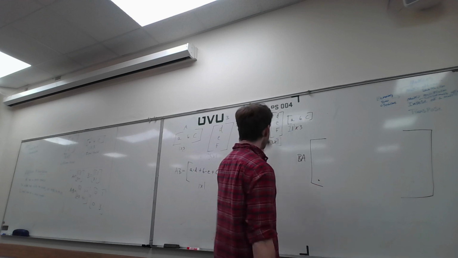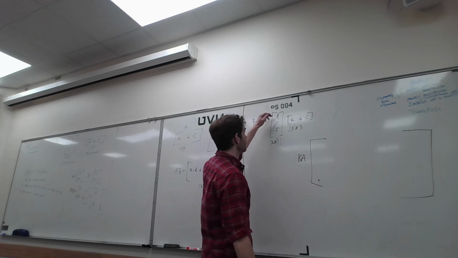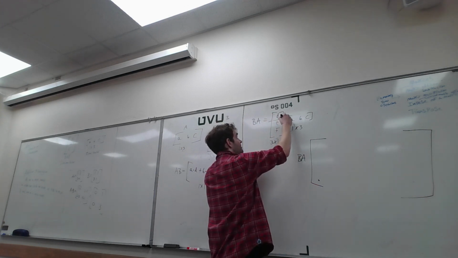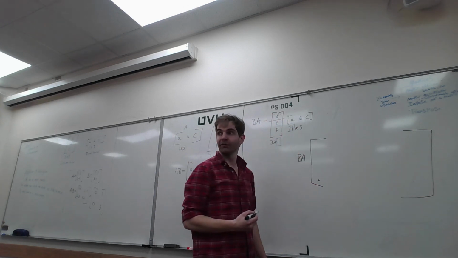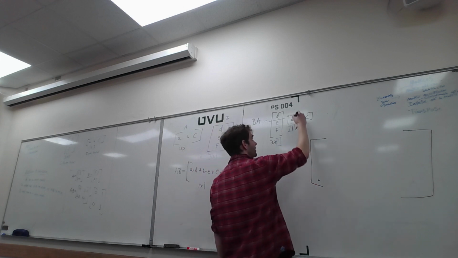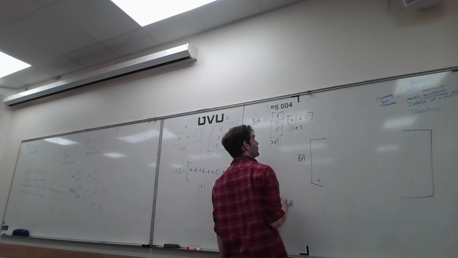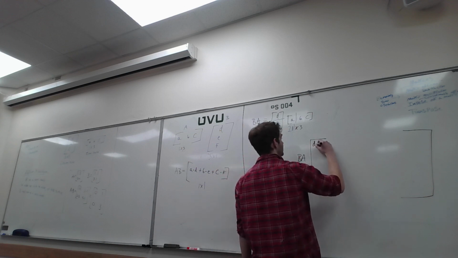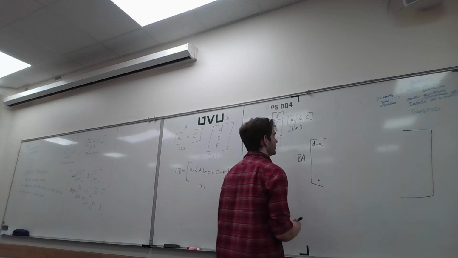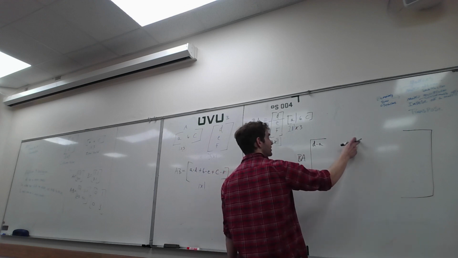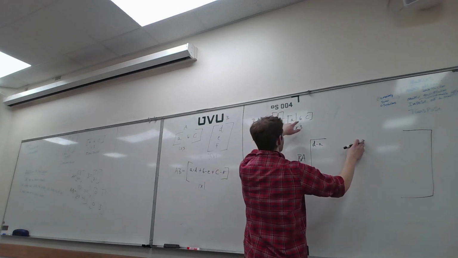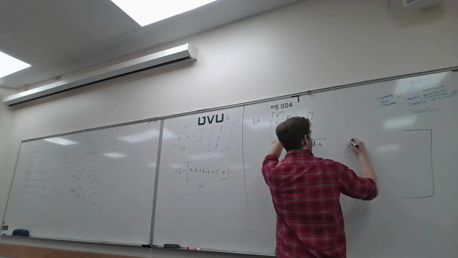Our very first element, just like we had here, is going to be the very first element of the row vector, this is our row vector of the matrix on the left, times the very first element of the column vector from the thing on the right. Pretty boring, so it's just D times A. The second element in the first row is going to be equal to the first row vector times the second column vector.